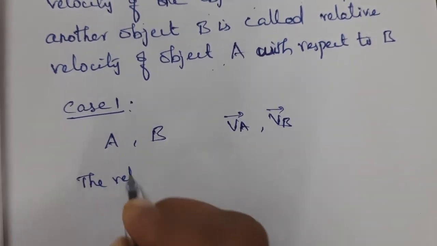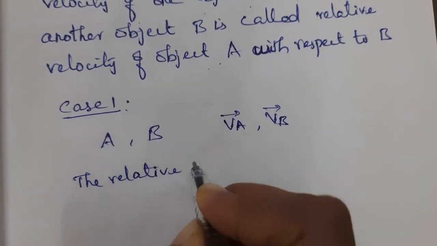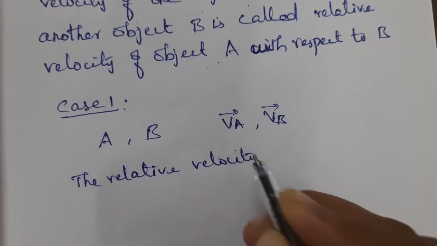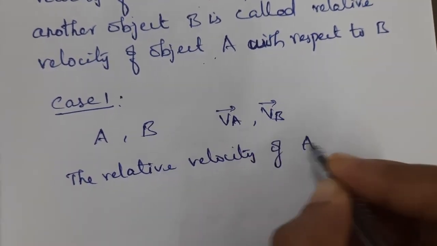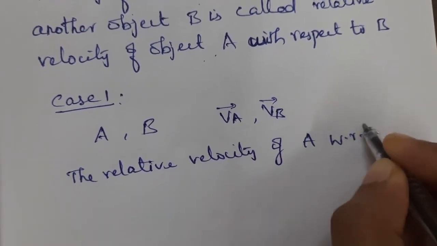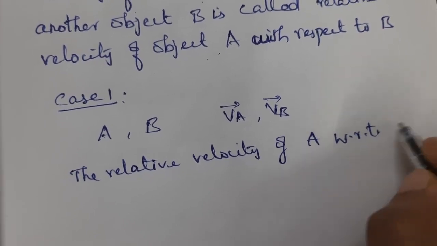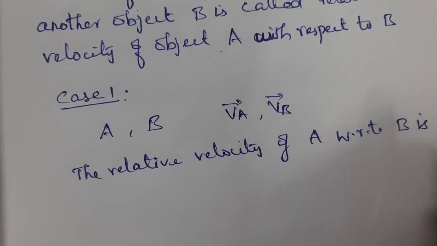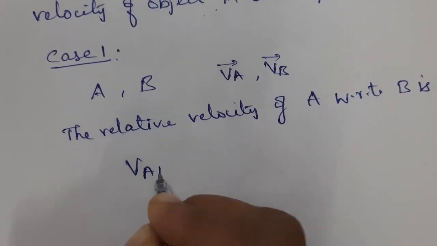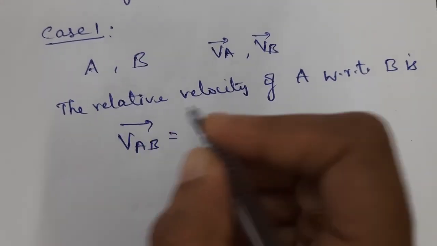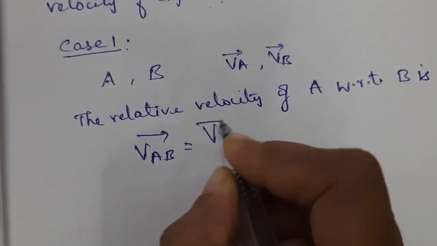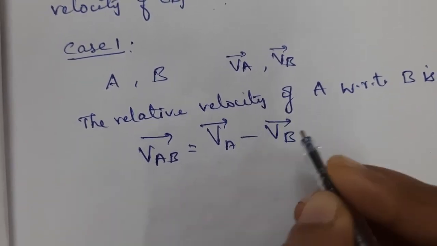The relative velocity of the object A with respect to object B is VAB equal to VA minus VB.